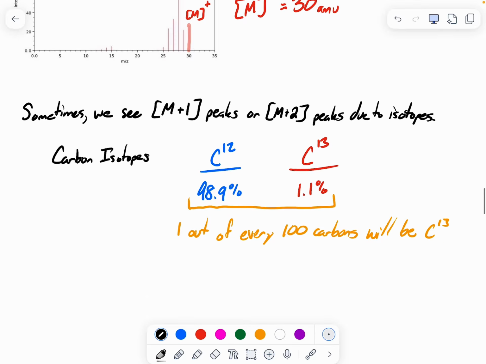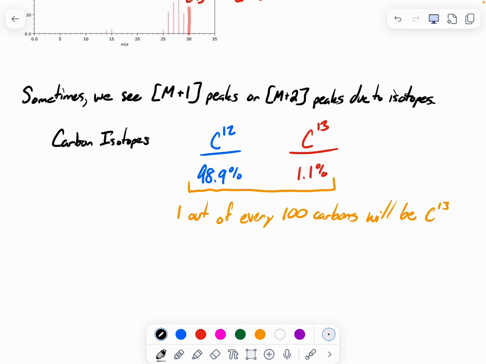Take, for example, that same idea of ethane as we saw before. The original thing that we actually calculated was the C2H6, where both carbons that were present were C12s. Since these were all C12s, we ended up with that mass of 30 AMU. And that was our molecular ion peak.